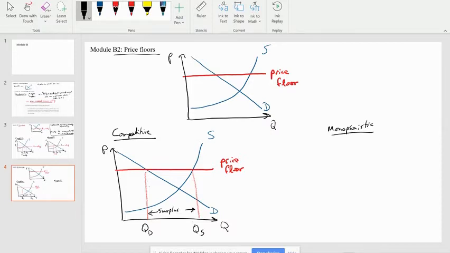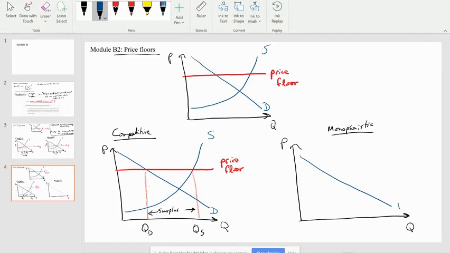If we move now to a monopsonistic market, we'll start again with the same framework, price and quantity. We'll put in our demand curve and supply curve.